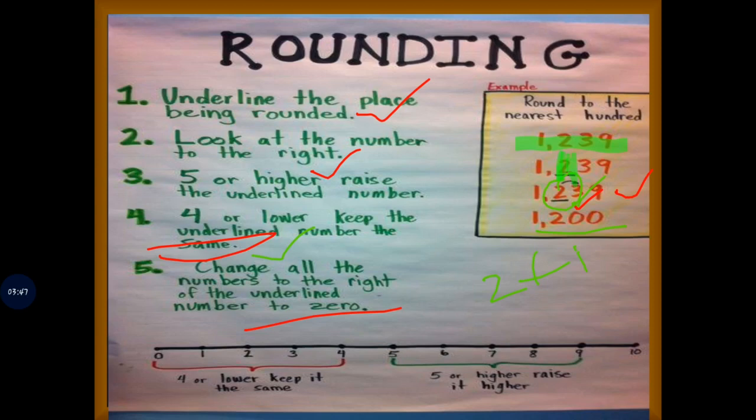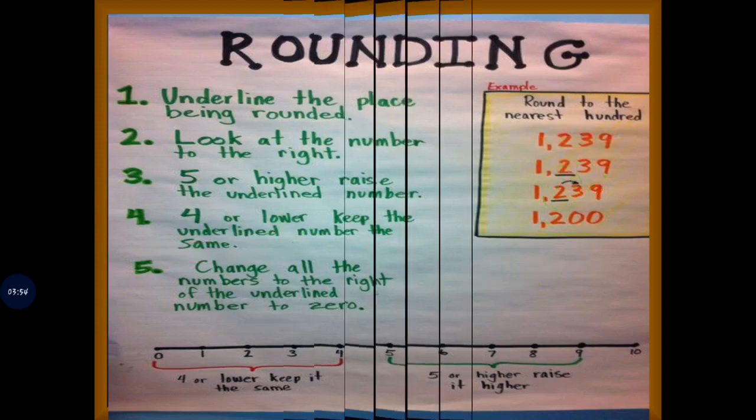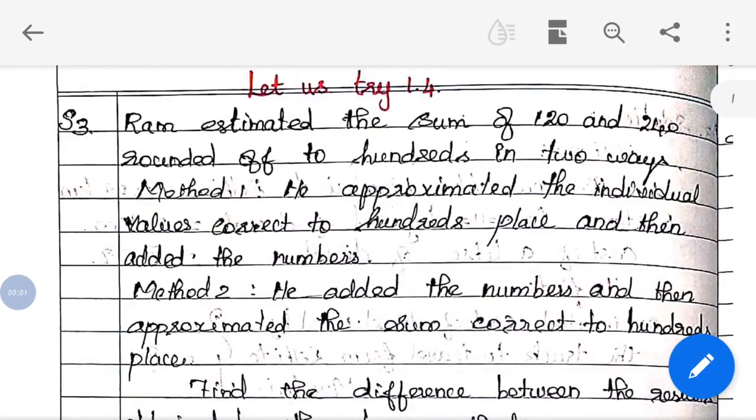Okay, so now we are going to see the problems, some problems based on this estimation of numbers. So now we are going to see a problem from your book. Let us try 1.4. The question number is S3.